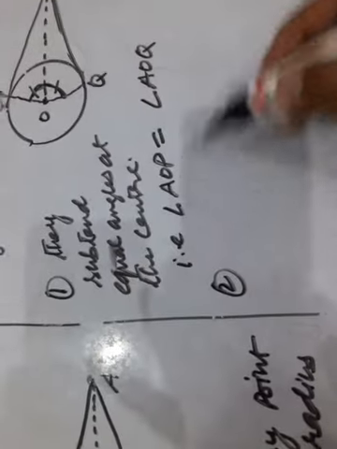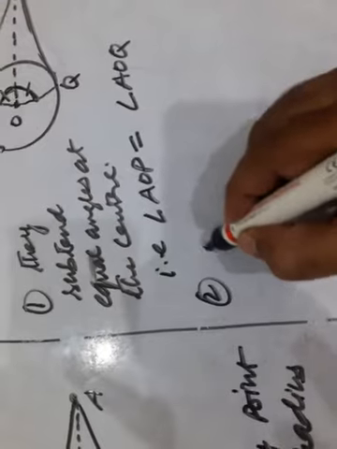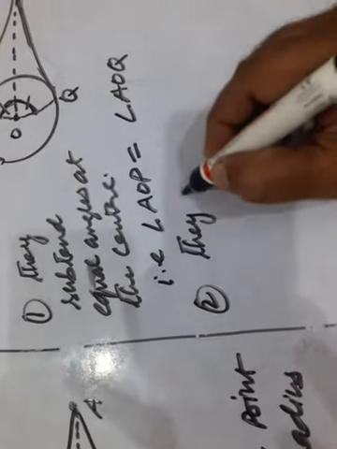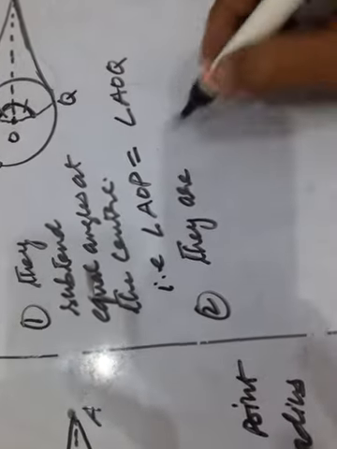It means they are equally inclined. They are equally inclined. Inclined means their angles. Inclination, that is jhukao.